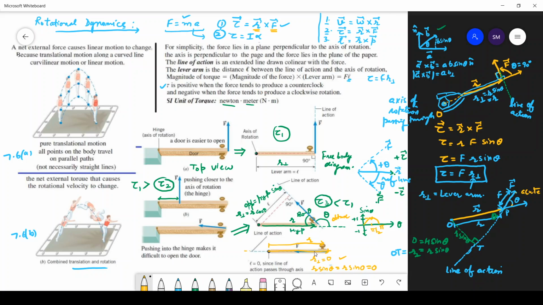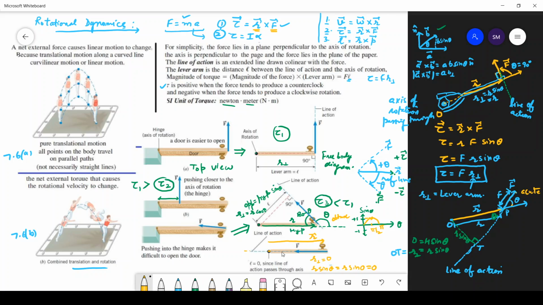So you can see that, is it 0 or is it 180 degree? Yes, students? Is it 0 or 180? This is the direction of r, we need not get confused.